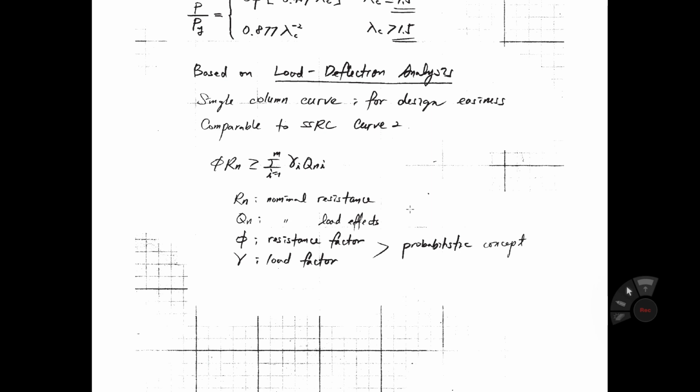I mean, for example, dead load and live load. The variation of dead load is somewhat small, so usually the load factor is 1.2. The variation of live load is very large, so the load factor used is 1.6 like that. So that kind of probabilistic concept is used.